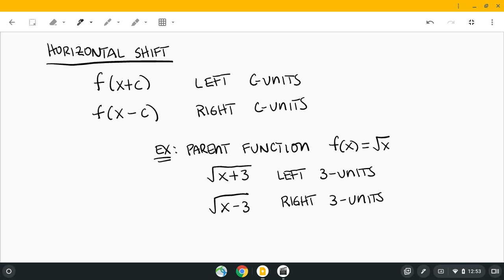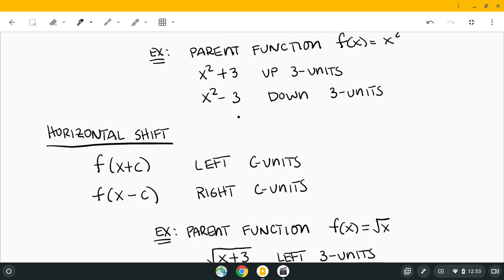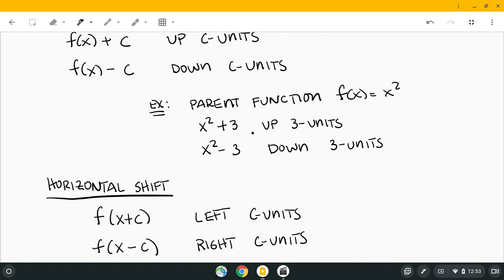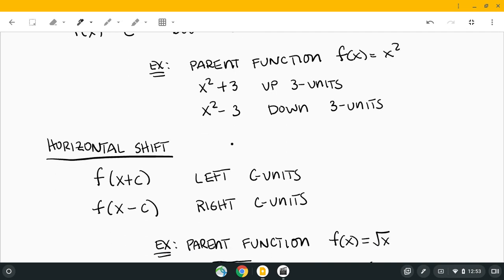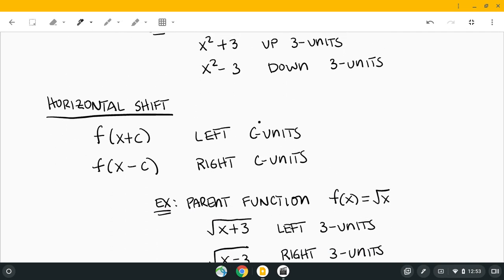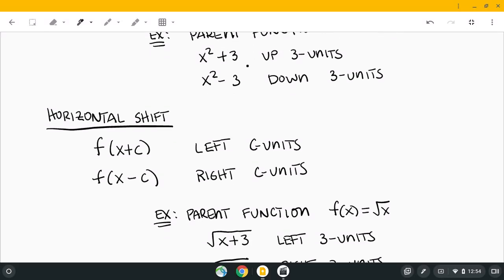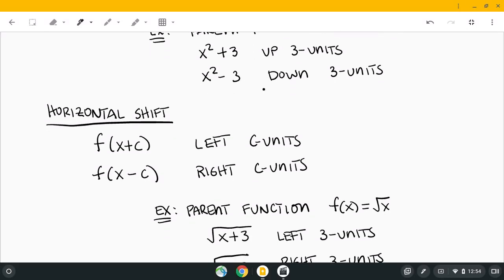Okay, so make sure you can tell the difference between the vertical shift and the horizontal shift. And make sure you understand that plus 3 here is vertical up 3 units, negative 3 is down.